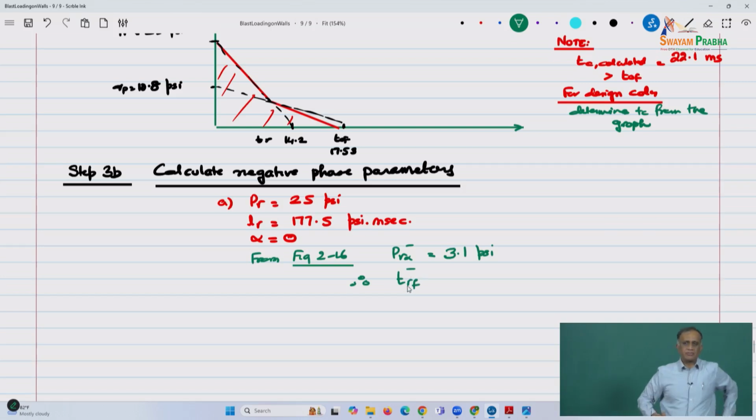I didn't quite show you this part of it in my earlier explanation, but it's the same process. TR negative is 2 times IR alpha negative impulse divided by PR alpha negative. The IR alpha negative can also be calculated.